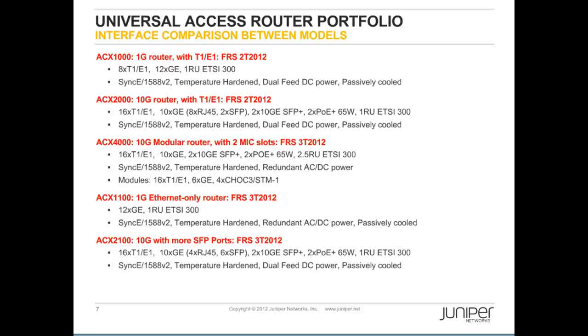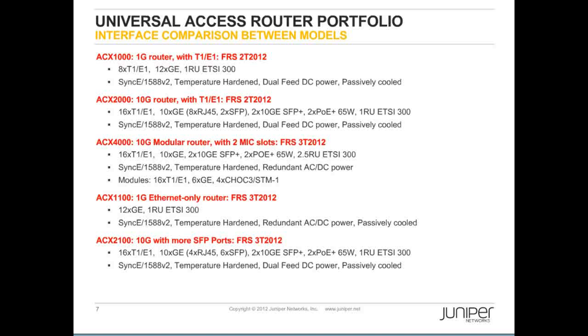Then at the end of the year, we have 3 more platforms coming. Essentially, ACX 1100 is a Gig-only platform, and 2100 is a 10 Gig platform with more SFP ports.